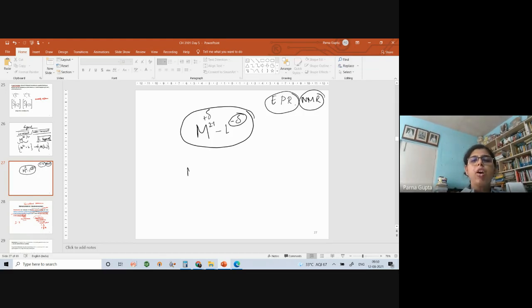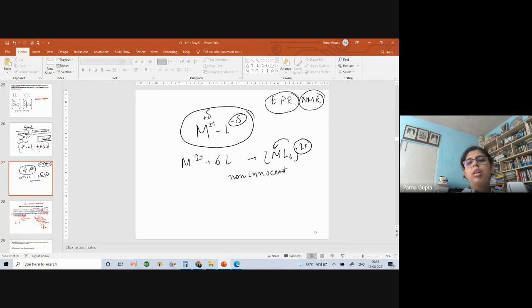So in addition to that 2+, the ligand is not behaving as innocent. If a complex is ML6, if M2+ plus 6L is ML6 2+ and the whole charge is on the M, then it is called an innocent ligand.